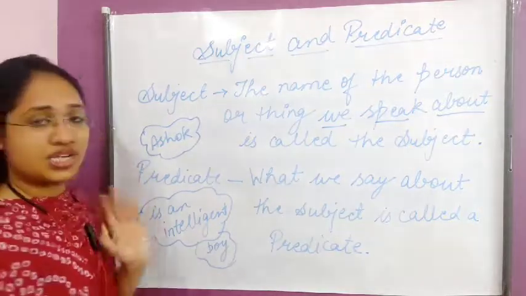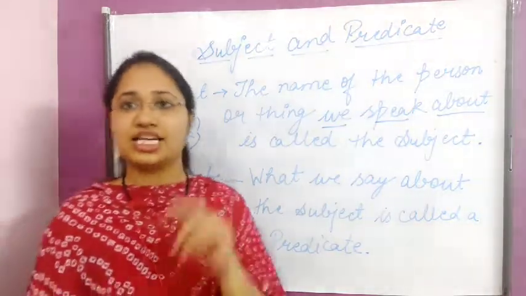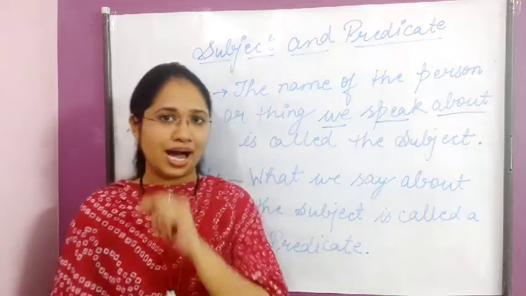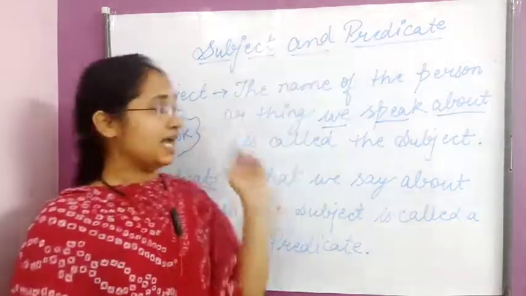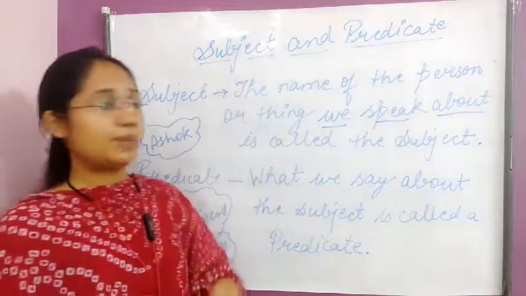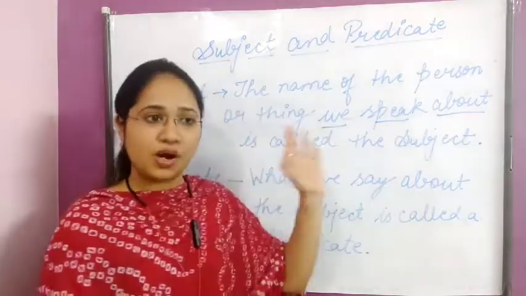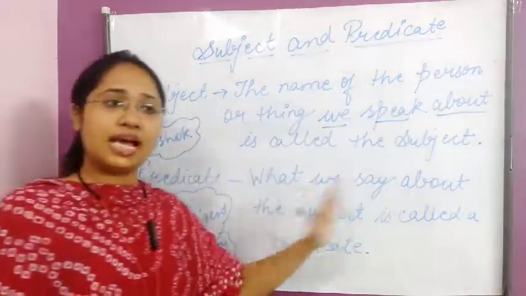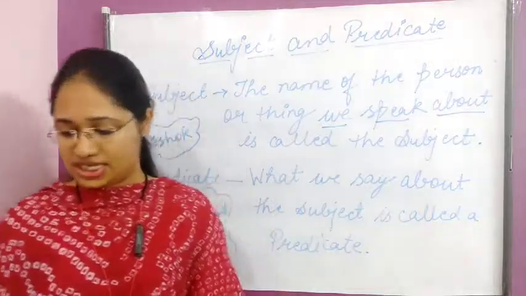So that is the subject and predicate in a sentence. A sentence consists of two parts, a subject and a predicate. Subject means the name of the person or thing we speak about, and whatever we say about the subject is called the predicate.